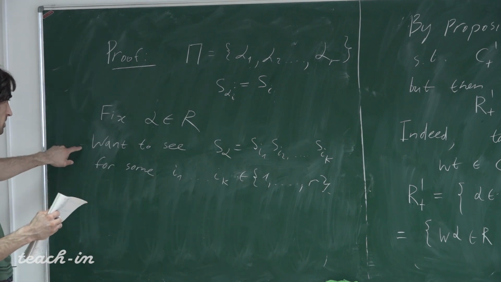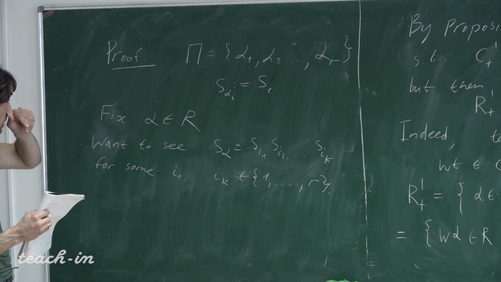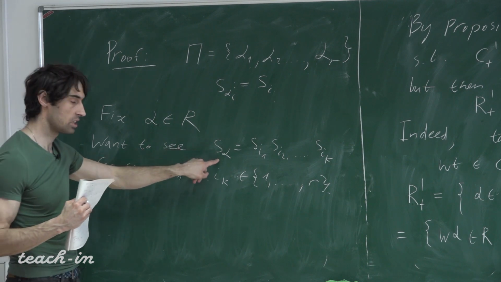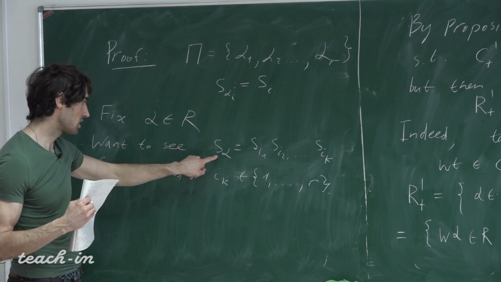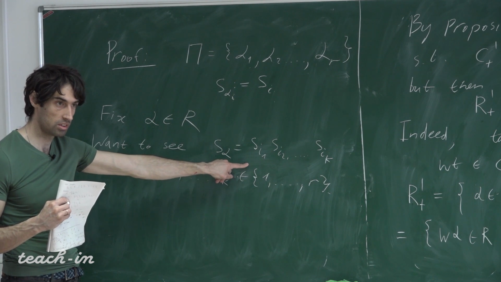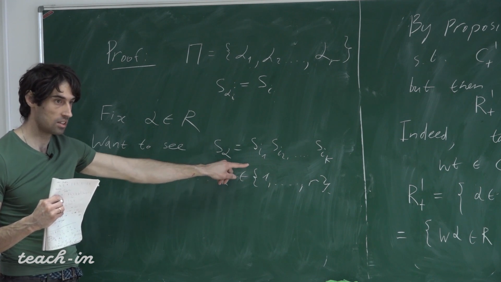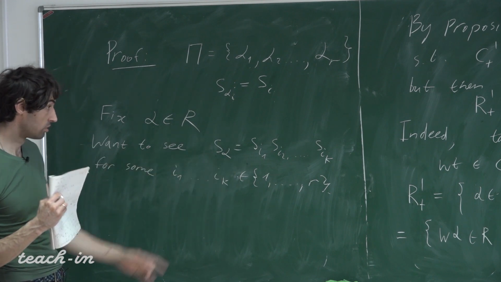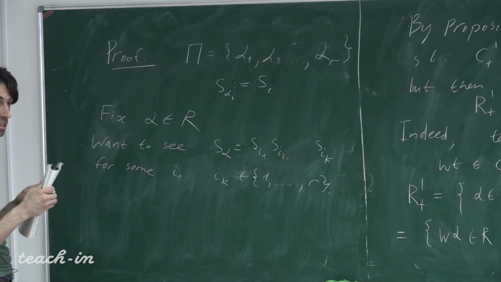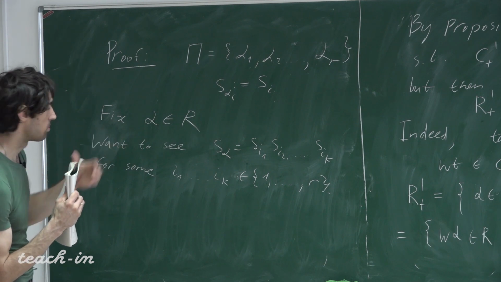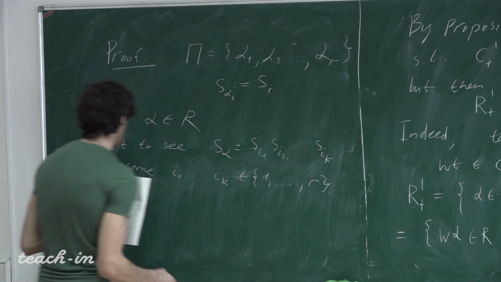So this is our goal. Because W is generated by all s_alpha, and if s_alpha are products of simple s_i, then we at least prove the first part.